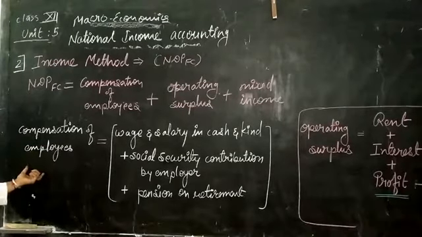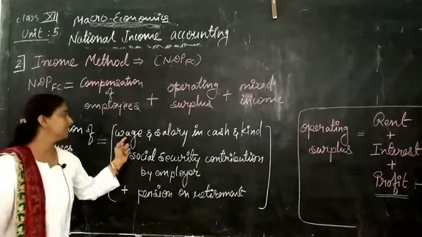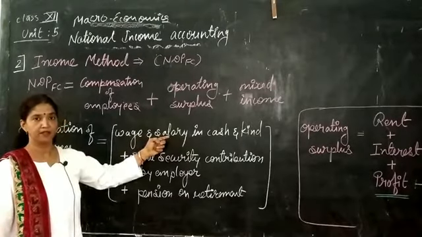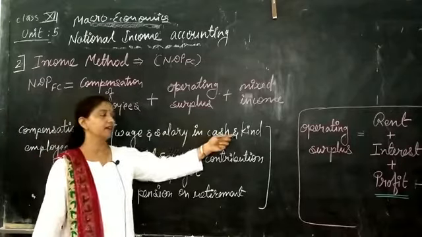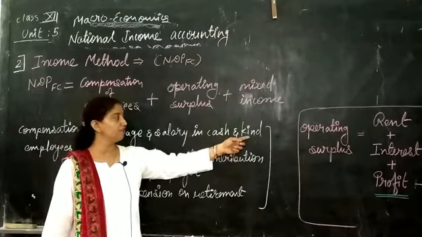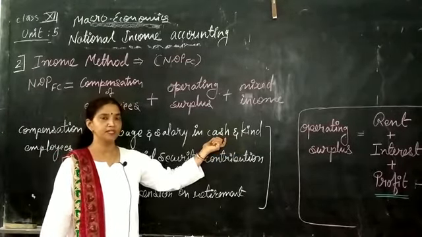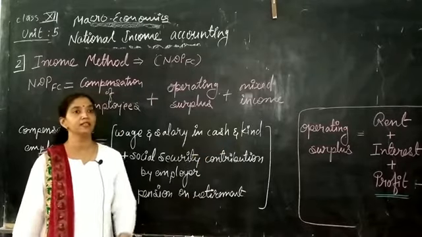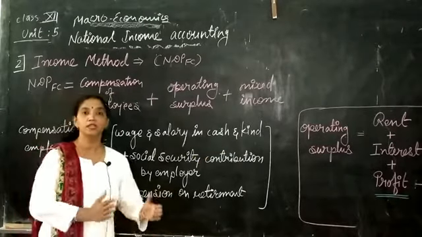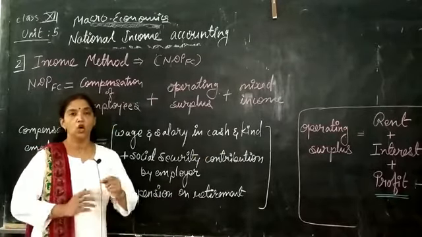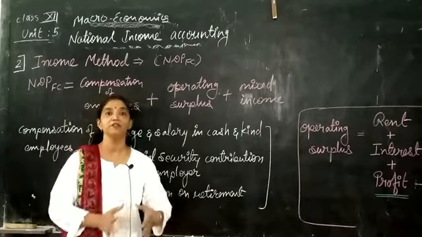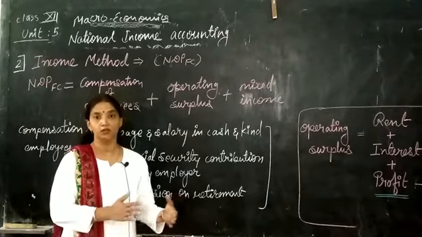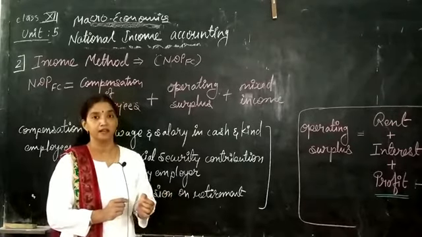Compensation of employees equals wages and salary in cash and kind. What is the meaning of kind? In cash, it means that if a person is getting a salary of 20,000 in cash, and 10,000 for house accommodation and for food, then that 10,000 is in kind.